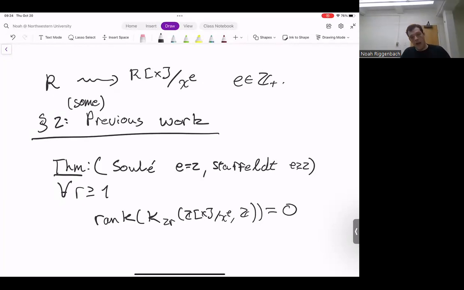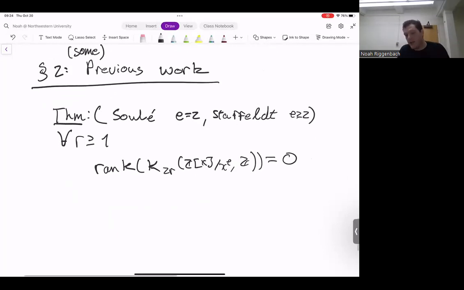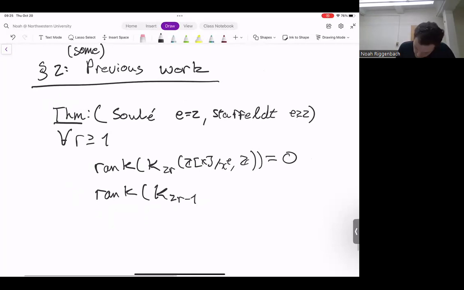And in fact, we know for other reasons that these groups are finitely generated. So in fact, the even K groups over the integers of these truncated polynomial algebras are finite. And they also showed that the odd K groups have rank E minus 1.